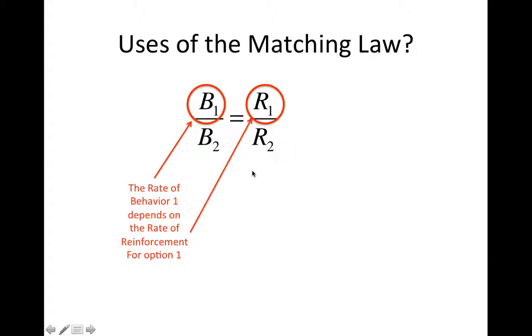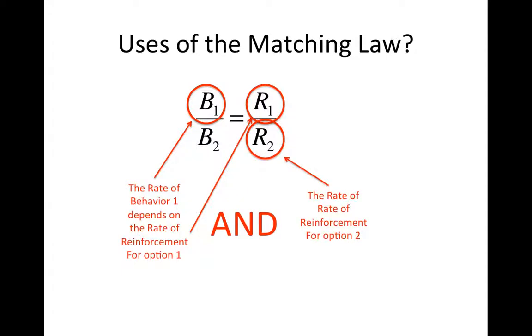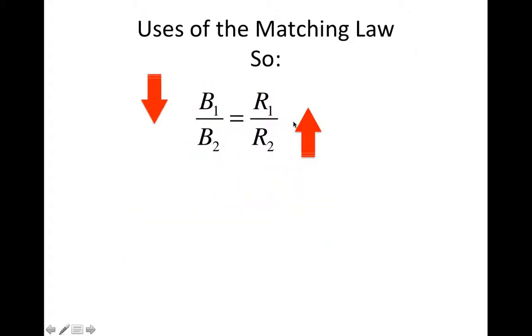However, it is also related to the rate of reinforcement for option 2. It's not just a function of R1, it's also a function of R2. So if the rate of reinforcement for option 2 goes up, we will see a decrease in behavior 1.